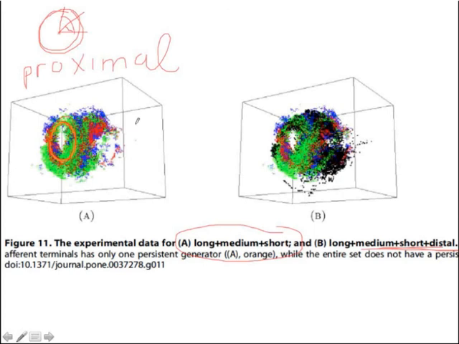Oh, sorry, to not get confused, the color coding for the long, medium, and short is green, blue, and red here. And then we add in the black for the distal. So for the distal, the black is now added in.